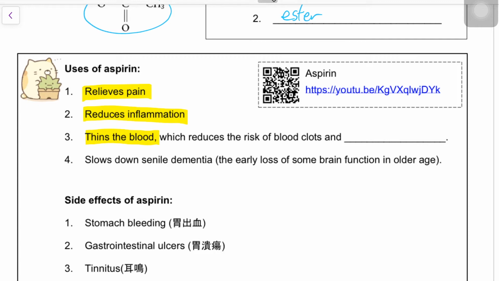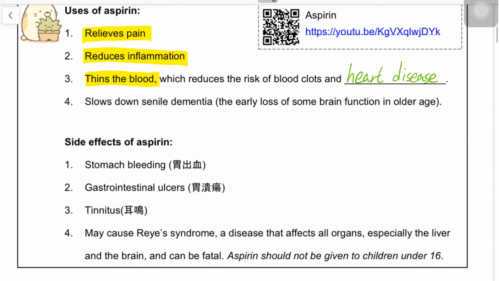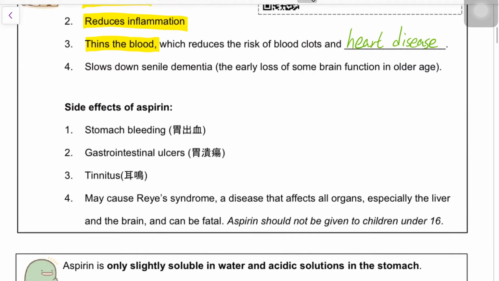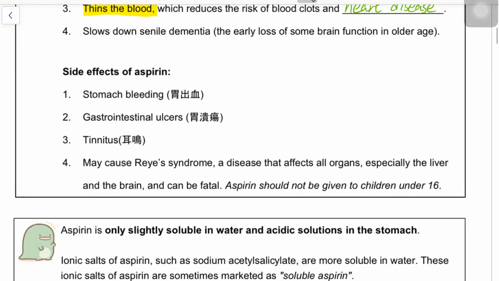We say the viscosity is too high, so they have a risk of blood clotting and heart disease. And aspirin is proved to have obvious effect on relieving the heart disease. The fourth one is a bit difficult for us, so we just give it up.